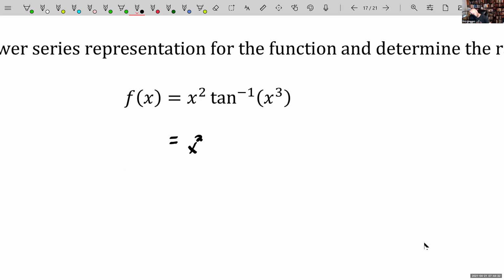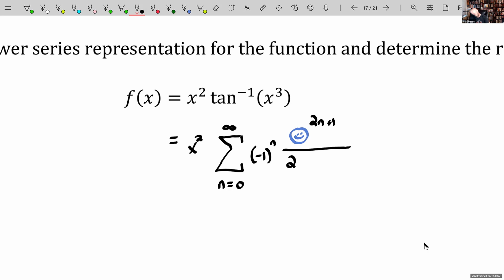So this is going to be x squared times the power series for tangent inverse, a summation n equals 0 to infinity, negative 1 to the nth. And normally, I'm going to write it this way: whatever your argument is for your arctangent, raised to the 2n plus 1, over 2n plus 1.